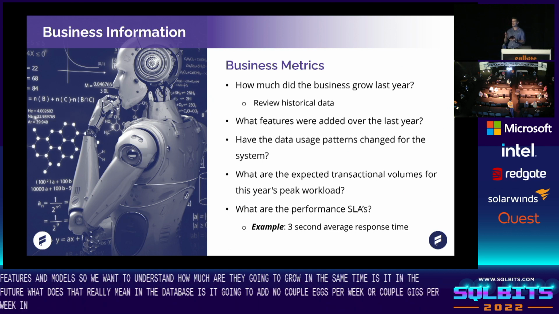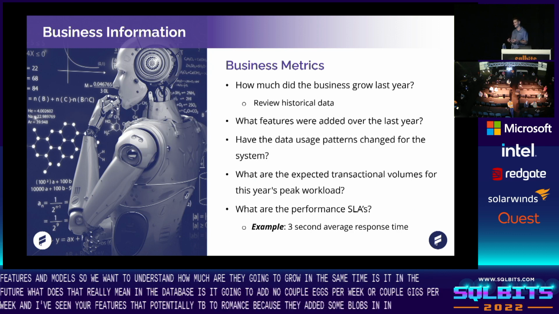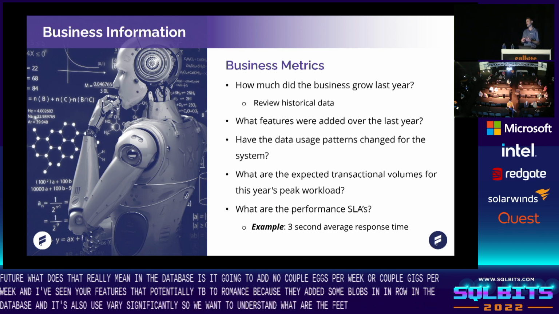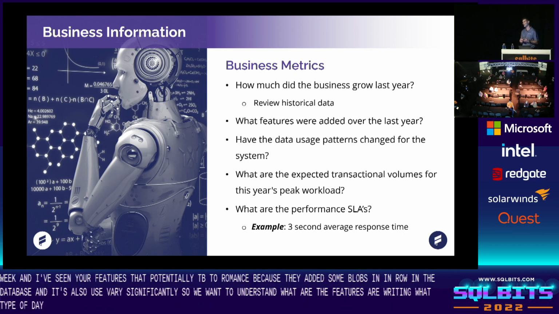And I've seen features that add potentially terabytes over a month because they added some blobs in row in the database, and it's also used very significantly. So we want to understand what features they're adding and what type of data impact that has on the data growth.